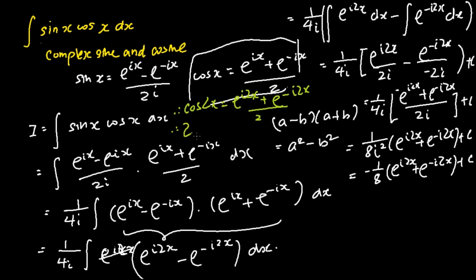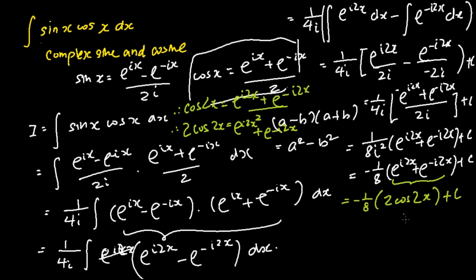Making 2 cosine 2x the subject, we get just e to the power of i2x plus e to the power of negative i2x. And hence this is equal to the negative of 1 over 8, substituting this whole thing as 2 cosine 2x plus c, and then I will have the final answer, negative 1/4 cosine 2x plus c.